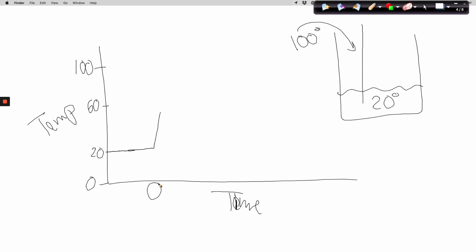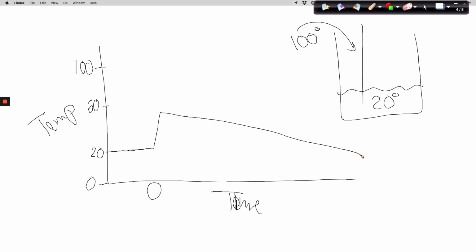But then, if we were to allow time to continue on, what's going to happen to our temperature? Is it going to be horizontal? No, it's going to go down. And assuming that 20 is room temperature, in a couple hours, it's going to have gone back down to 20 degrees. Now understand this is wildly exaggerated.